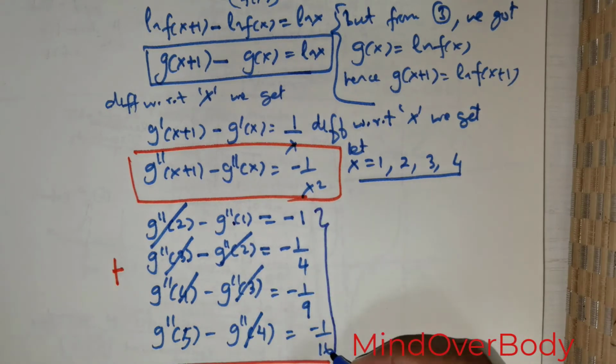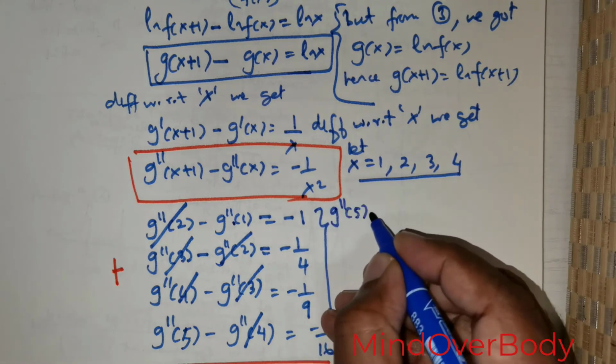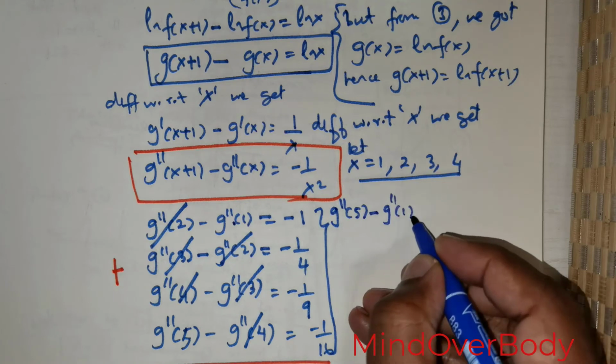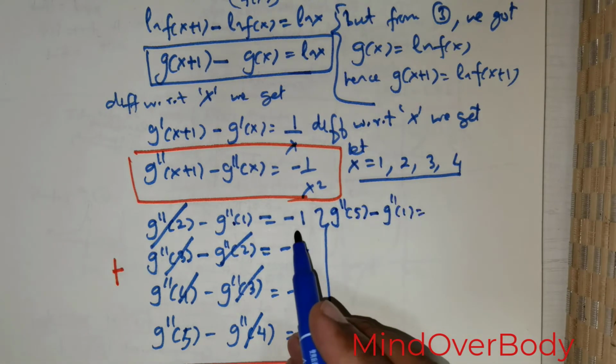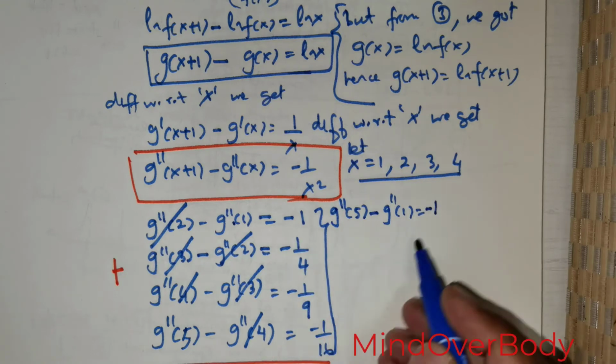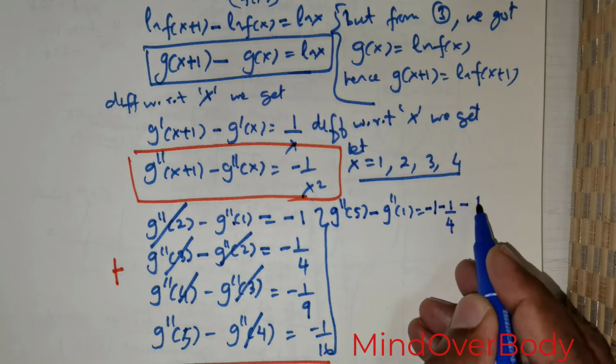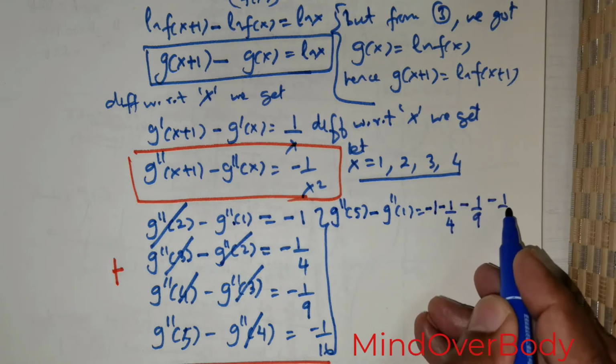So I'm going to write them here. g double dash of 5 negative g double dash of 1 is equal to, on the right hand side, a negative 1 that has to be added with all of these terms. So it's going to be negative 1, negative 1 over 4, negative 1 over 9, negative 1 over 16.